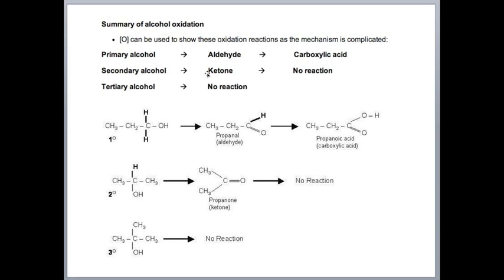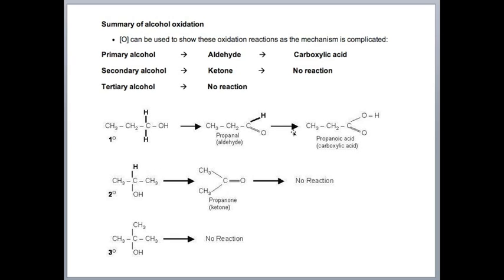Secondary alcohols only oxidize to ketones, and for tertiary alcohols, there is no reaction. This is a primary alcohol because the carbon that has the OH group only has one other alkyl group attached to it. First of all, it will oxidize to propanal, which is an aldehyde, and we know this is an aldehyde because we have the carbon-oxygen double bond and one hydrogen.